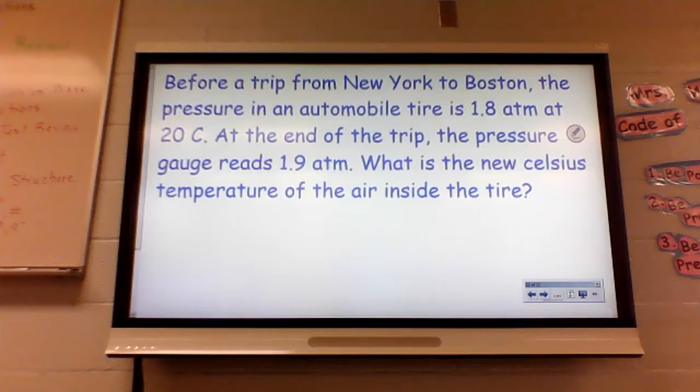Is there a different one that's shorter? This is the shorter one. P1 over T1 over T2. They both practice Gay-Lussac's problem. So I don't care.